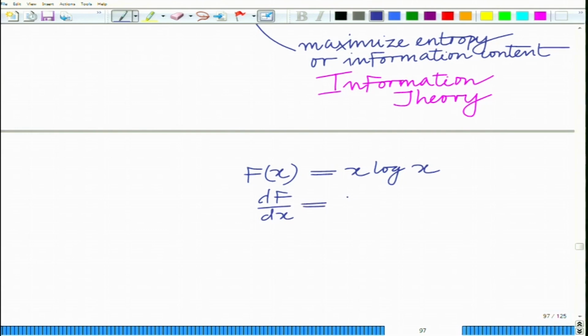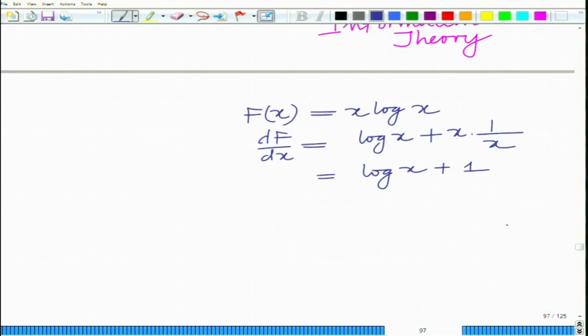We use the product rule: first differentiate x with respect to x, that is 1 times log x, plus x into the derivative of log x, which is 1 over x, which is basically log x plus 1. And now the second derivative will be the derivative of log x, which is 1 over x, plus 0, which is 1 over x, that is greater than or equal to 0.